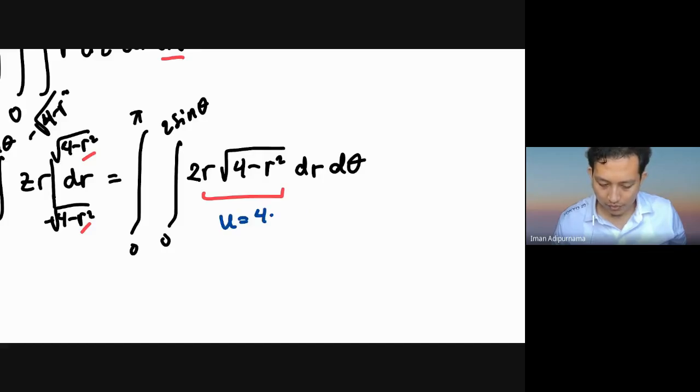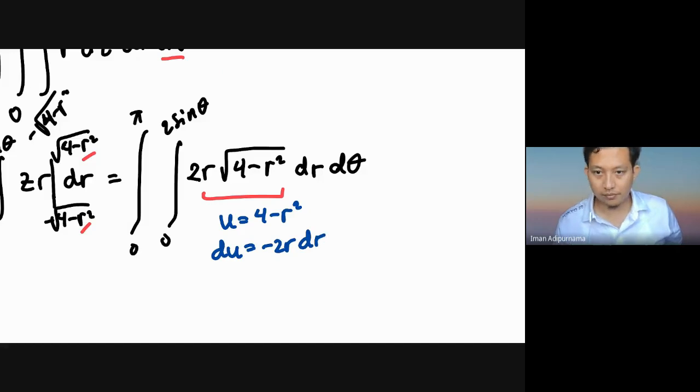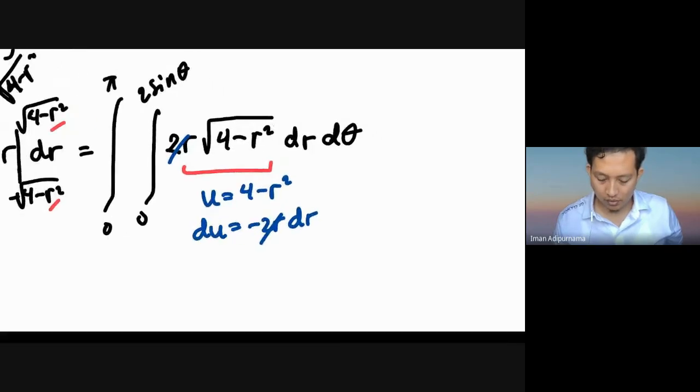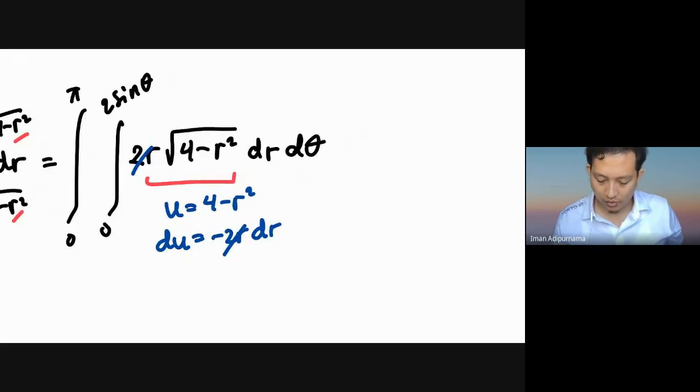Okay, take u sub. And then it will cancel, right? It will cancel this 2r, and it will be minus. And then let me write here. So it will be the integration of square root of u, which is 2 over 3 u to the 3 over 2 power.